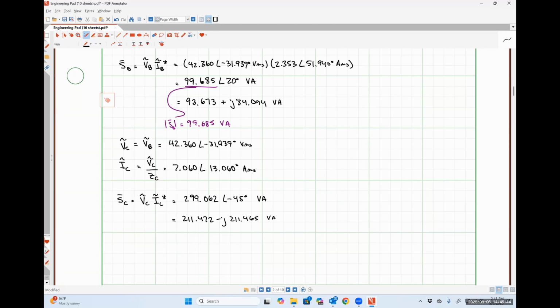So if we were looking for the reactive power absorbed by impedance ZC, which of these four numbers would that be? The J number. Yep. So it's just going to be the minus 211.465 volt amperes.